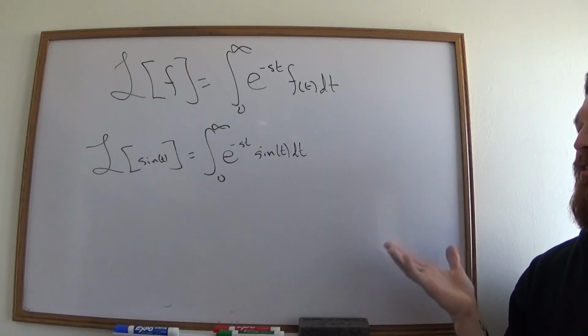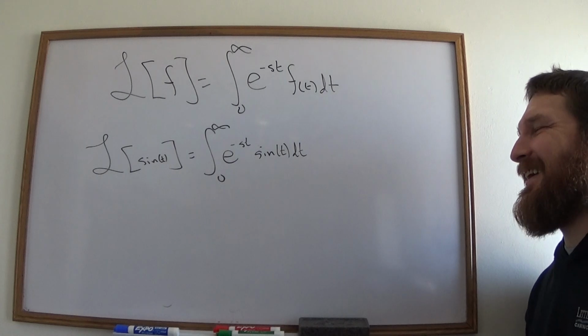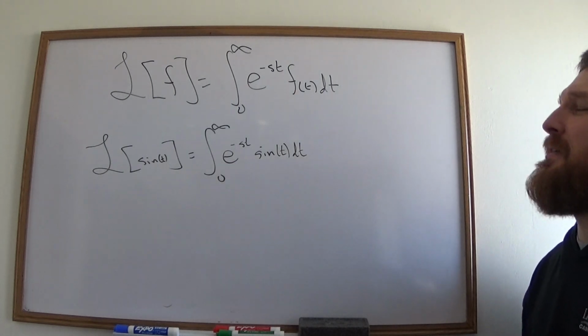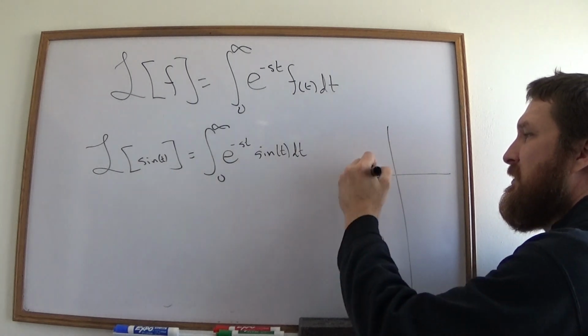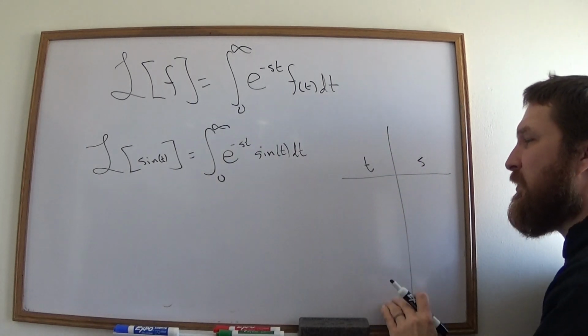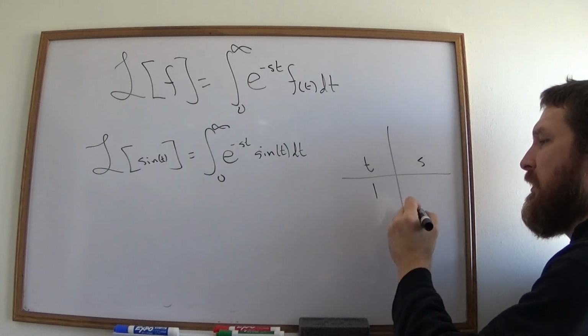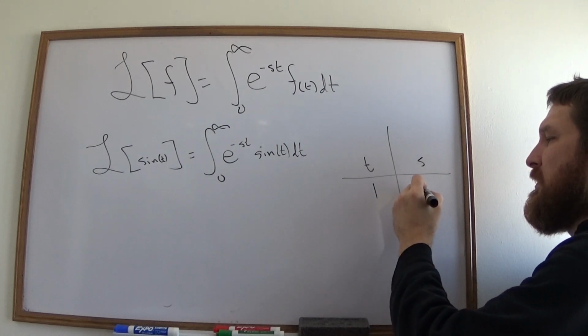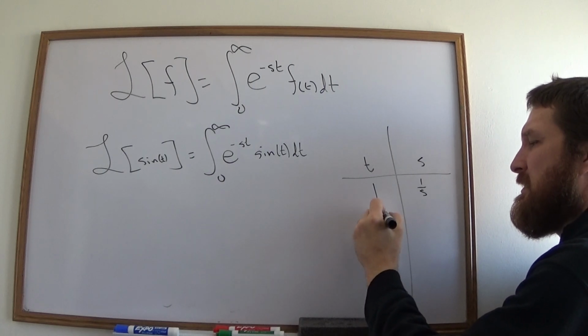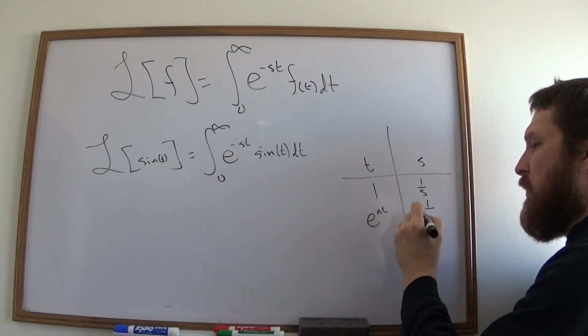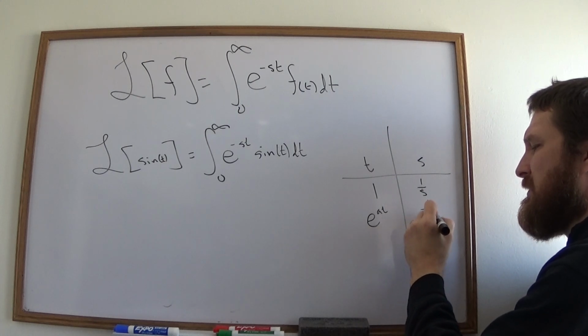And you might think, oh, I remember what he said about the Laplace transform. He said there's a table for it. I remember he wrote down this table: 1 went over to 1 over s, and e to the at went over to 1 over s minus a.